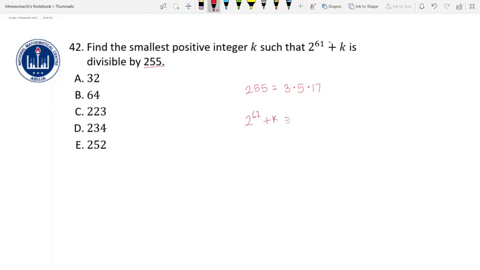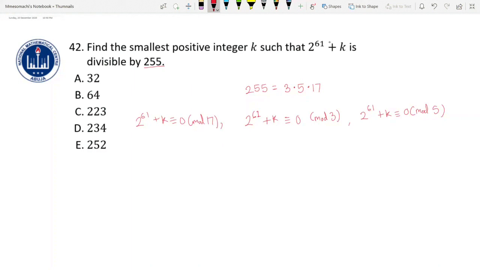So we solve some modular congruences: 2 raised to the power 61 plus k congruent to 0 mod 3, mod 5, and mod 17. So we need to solve this system of modular congruences.